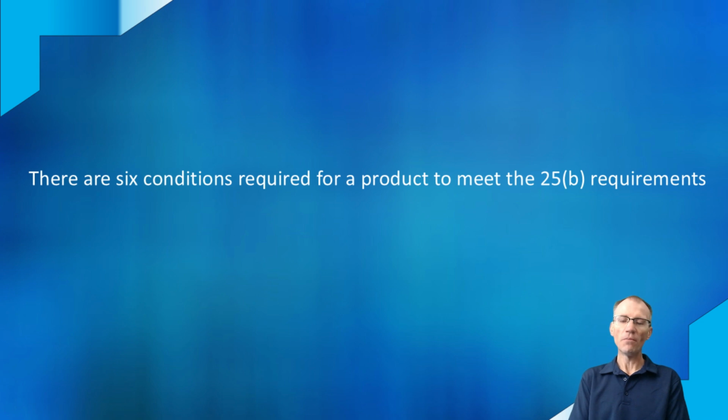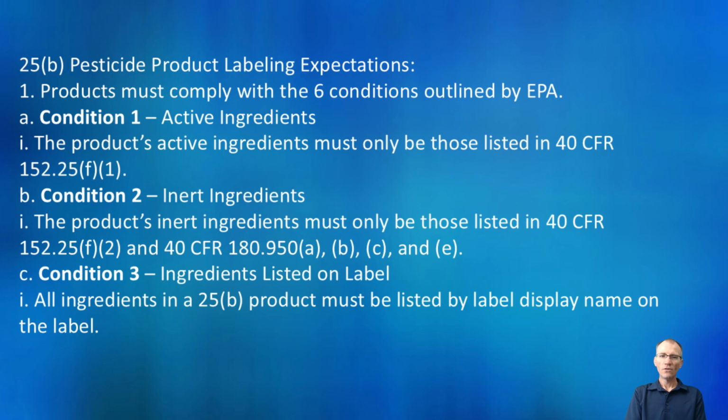Of the utmost importance here is going to be the 25B section. There's going to be 6 conditions required for a product to meet the 25B requirements. 25B pesticide product labeling expectations.